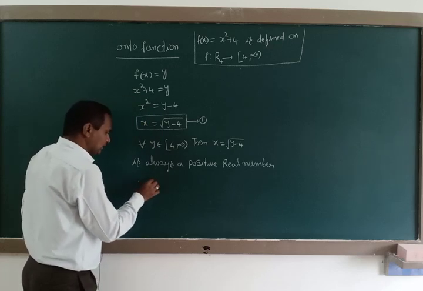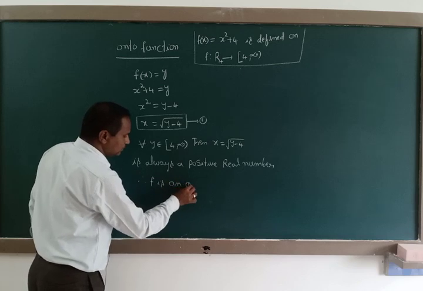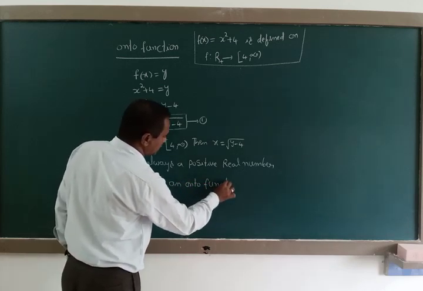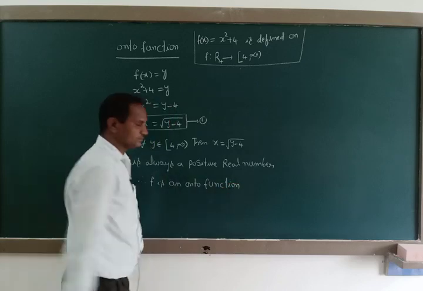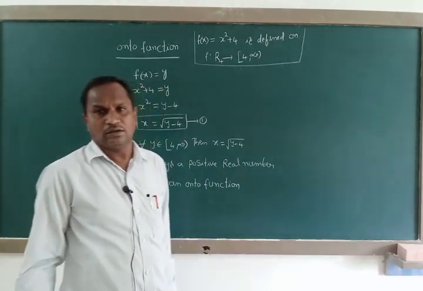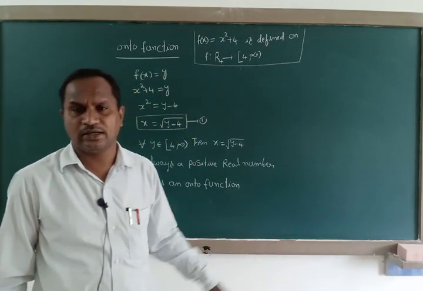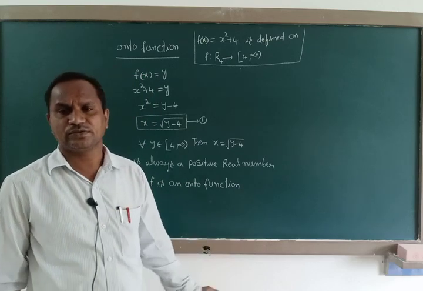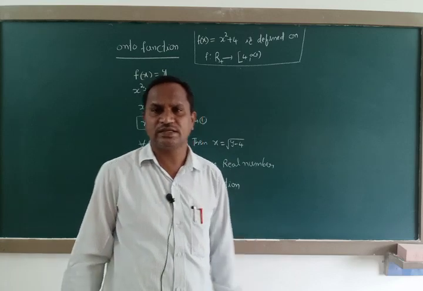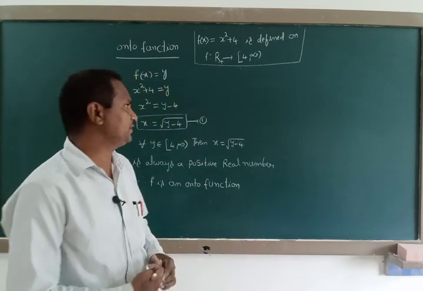Therefore, f is an onto function. Take any number from 4 onwards for y, put it here, and again you will get a positive real number. Already I told you, whenever f is an onto function, we have to give verification for this. Verification means like this.